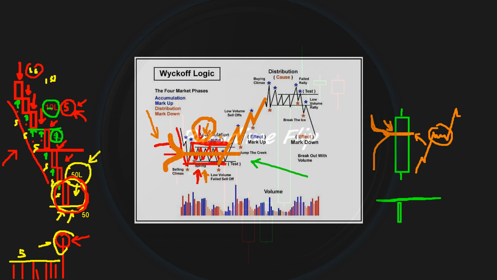Meaning that as price trades higher, that buying is actually driven by the unwind of these sellers. These sellers have to get rid of their sell position, and in order to do that, they have to buy. That buying is going to be a catalyst that drives price higher.